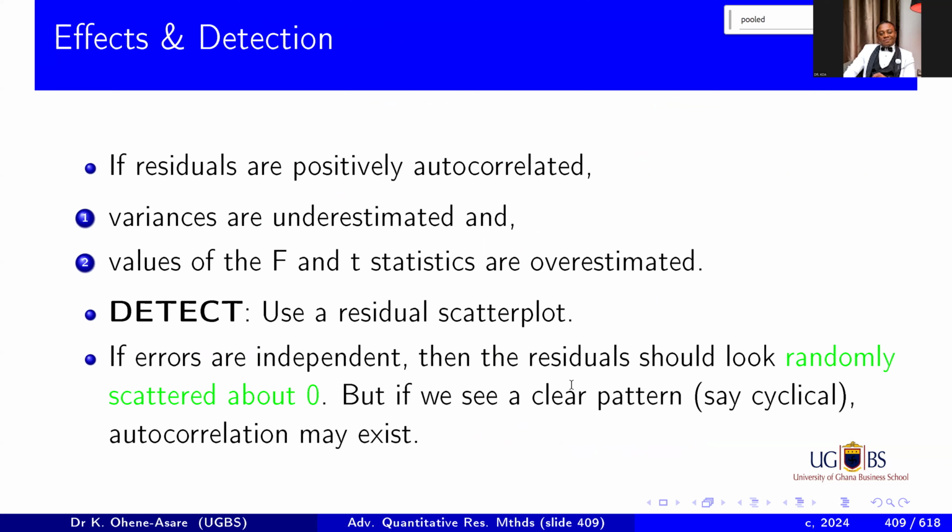But if we see a clear pattern, cyclical pattern, upward pattern, downward pattern, quadratic pattern, exponential pattern, then it means that autocorrelation is there. It means that serial correlation is there.